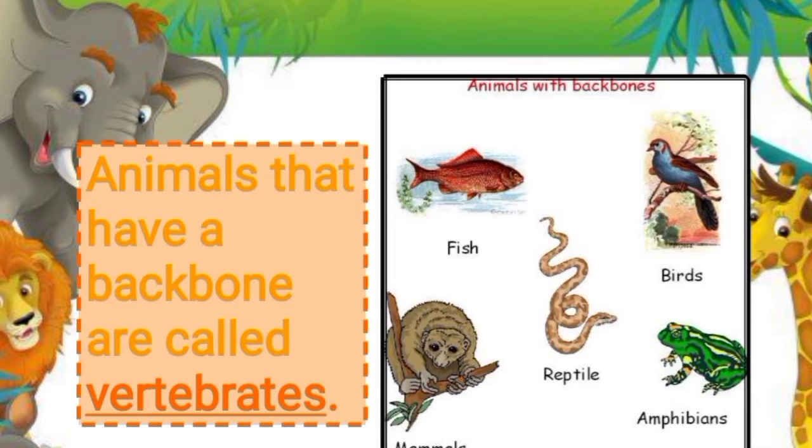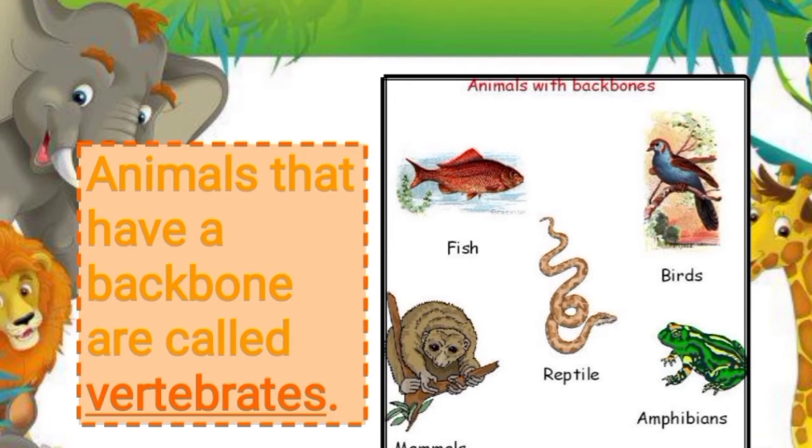Now let's understand vertebrates. All vertebrates have muscles and a skeleton that help them to move around easily and perform complex moves. They have bones inside the body which give them their shape and allow them to stand erect.